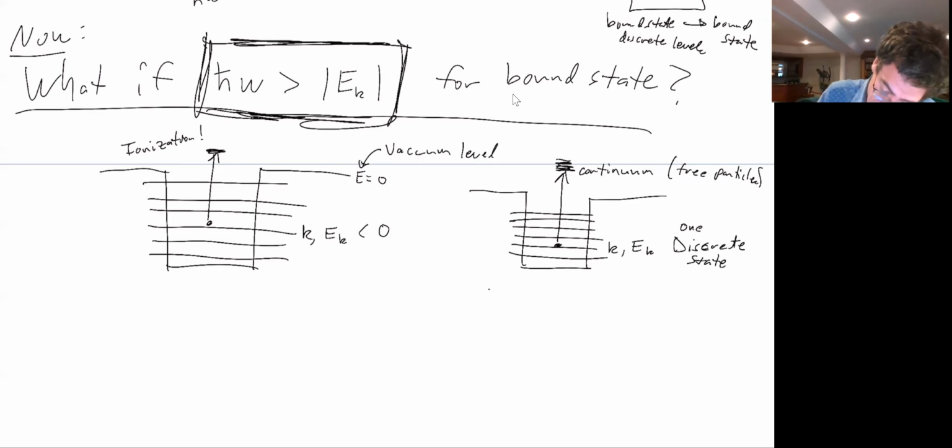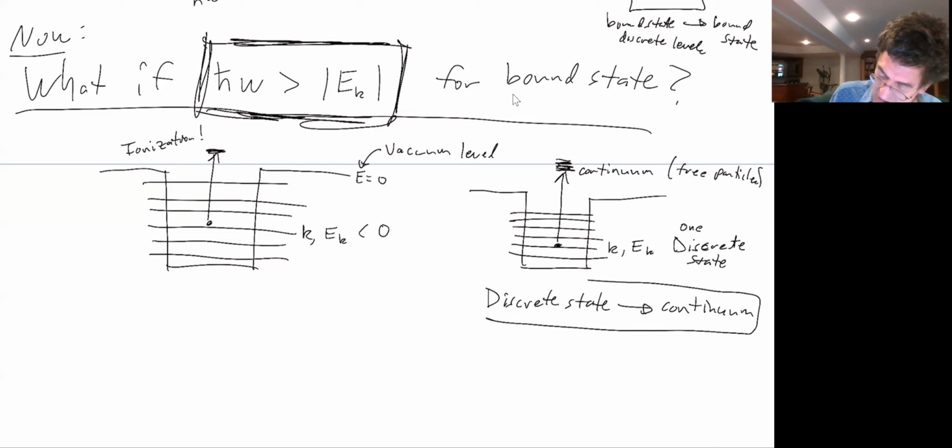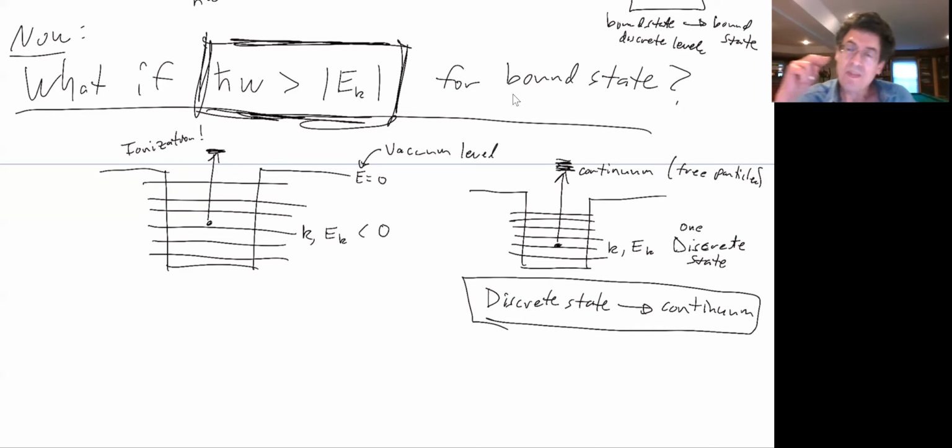So we're going from discrete state, and these nuances are important, to continuum. Because now it's a little different. Because now in a continuum, you're not going to just one state, but you have to consider the probability of going to many different states.